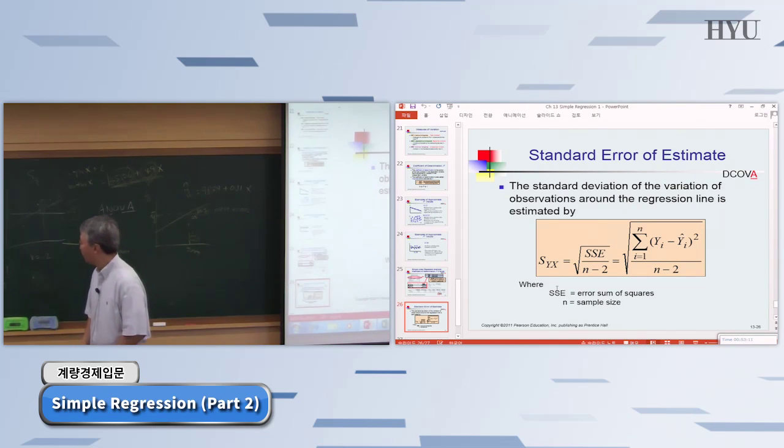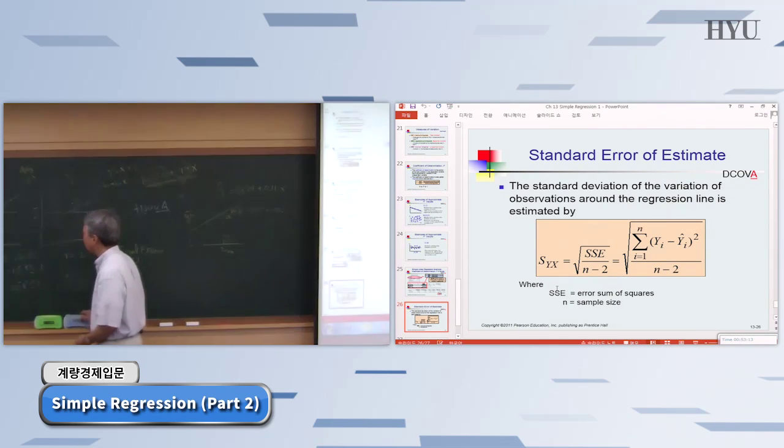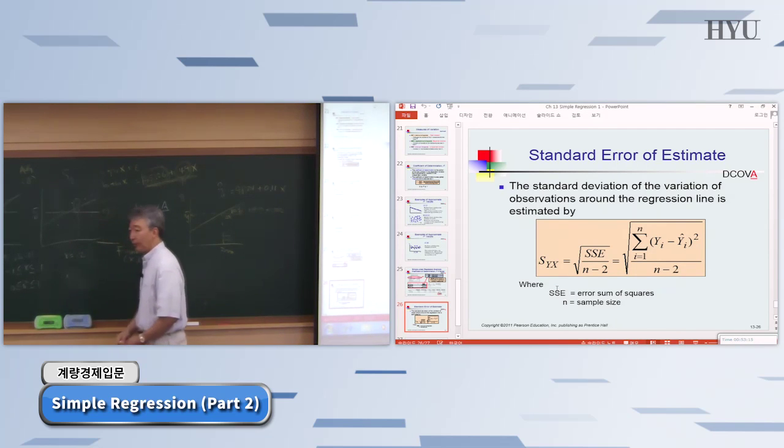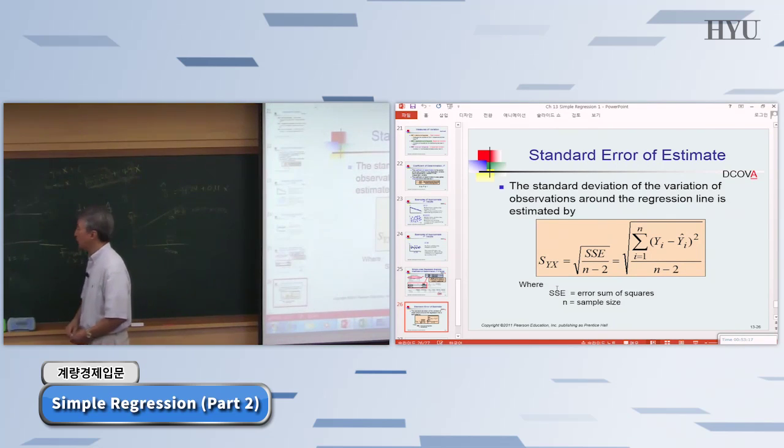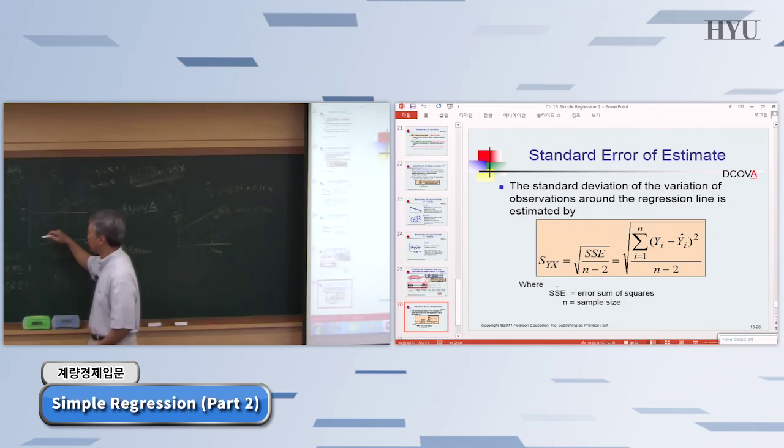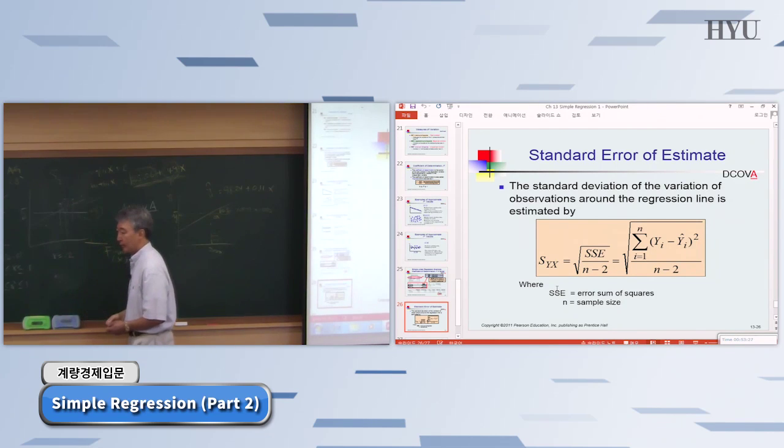So, we've talked about 3 variations so far, right? The total variation was the variation of Y values in the entire data, and then we separated it into unexplained and explained variation.